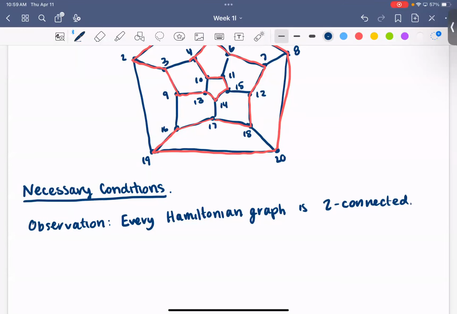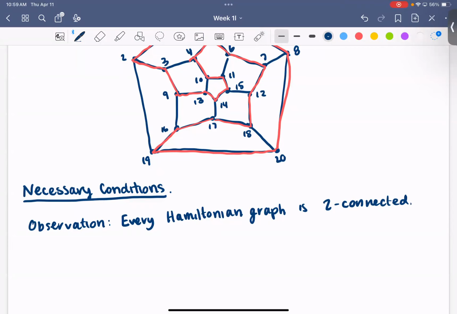Why is every Hamiltonian graph 2-connected? You commented about at least one and then one else, so at least 2-connected. Yeah, so first of all, it's connected, right? Because I have a spanning path. I can get from any vertex to any vertex just by going along that cycle.